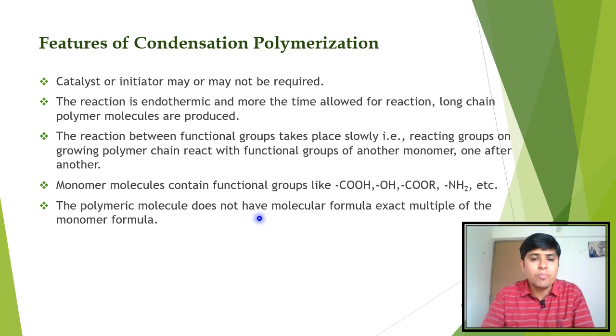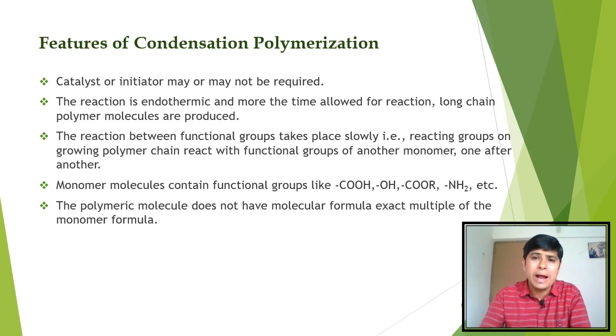Next point, the polymeric molecule does not have a molecular formula that is an exact multiple of the monomer formula. For example, n number of vinyl chloride will give polyvinyl chloride, so that polyvinyl chloride polymer will have the exact multiple of the monomer vinyl chloride.